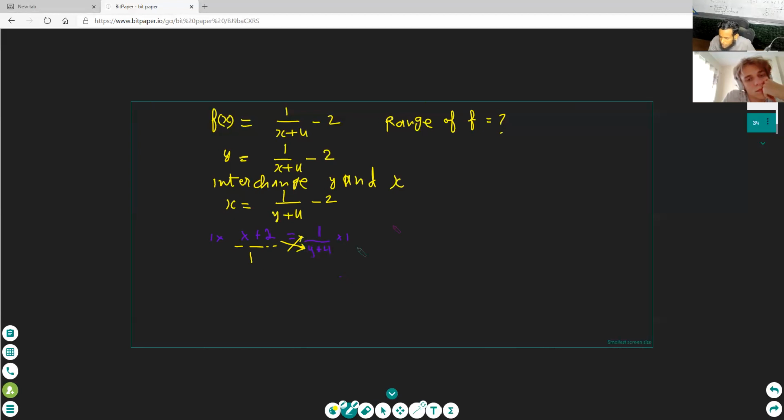You should do the cross multiplication, or the other method is that you multiply y plus 4 on both sides, okay? Is it clear or not clear to you? Clear. Do it. You should do cross multiplication. It is very easy, okay?